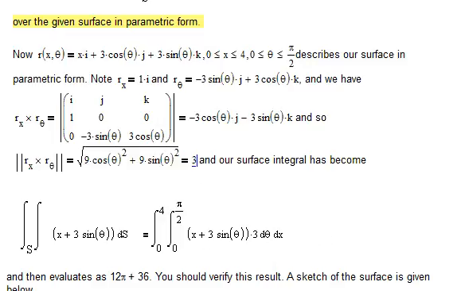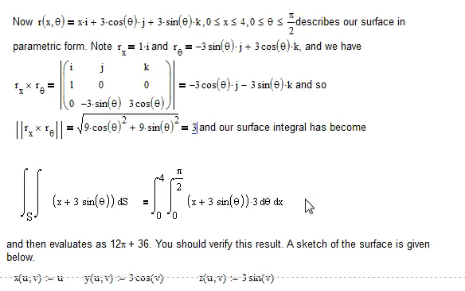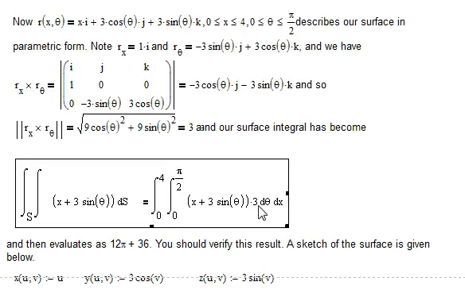And so this evaluates, and I won't bother you with that because it's too easy to do the evaluation, 12 pi plus 36. So you should verify that, but nonetheless, I'll talk you through it real quick. Integrating with respect to theta, first you get x theta minus 3 cosine theta, theta going from 0 to pi over 2.